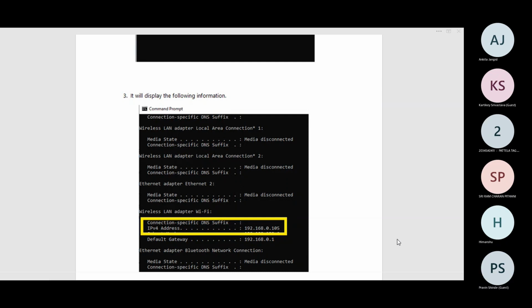Good. Okay, so Karthik and Tagore. Yes, sir.